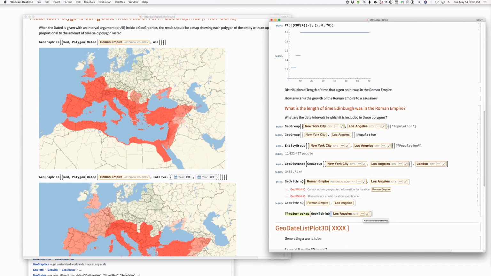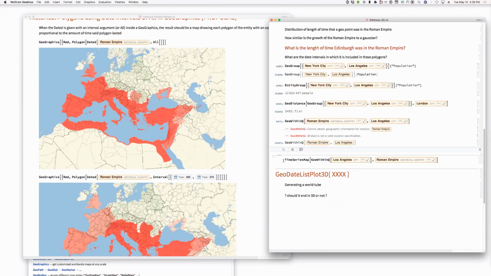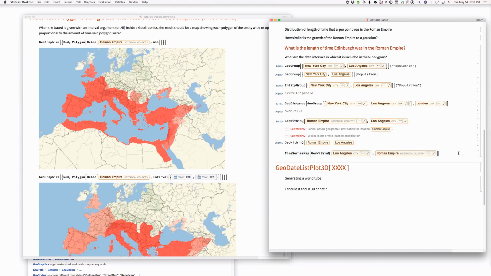By the way, this discussion is exactly what we are adding in the notebook as the next section. Oh, okay, fine. But you get the idea of something like this, right? You could do this because the Roman Empire, if that comes as a time series, we could go over all the polygons with the geo within Q. Yes. That could be mapped that way. I mean, this syntax is incorrect, but yeah, I understand.